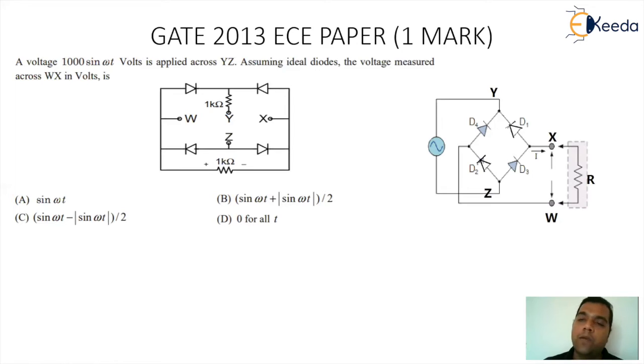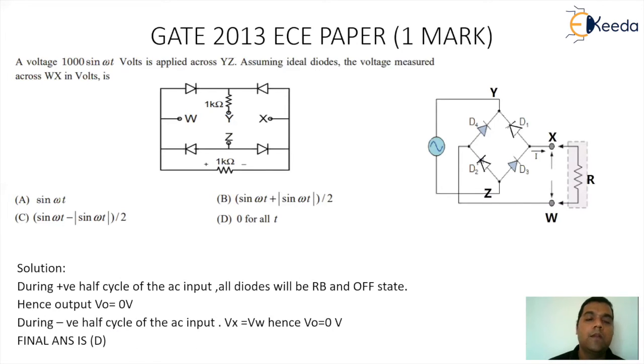Now what will happen? Let's go for the solution. During the positive half cycle of the AC input, all the diodes will be reverse biased and in the off state. When I check the positive half cycle with the top polarity of the source as plus and the bottom as minus, for the top diodes D1 and D4, the cathode is positive.